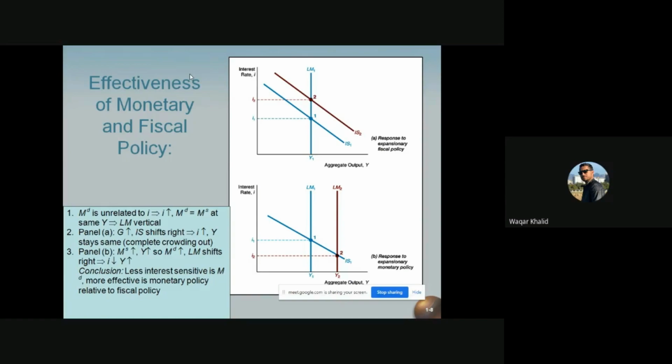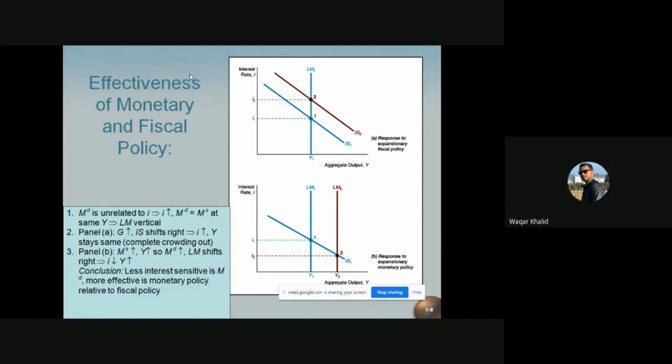Because on one side, the government has increased its spending, but the interest rate has increased. If the interest rate has increased, it means that the planned investment and net exports have declined.